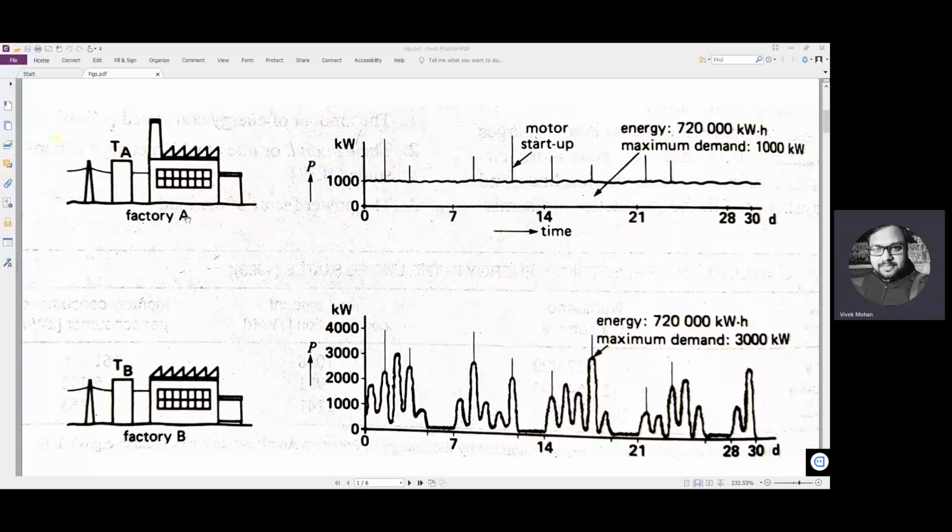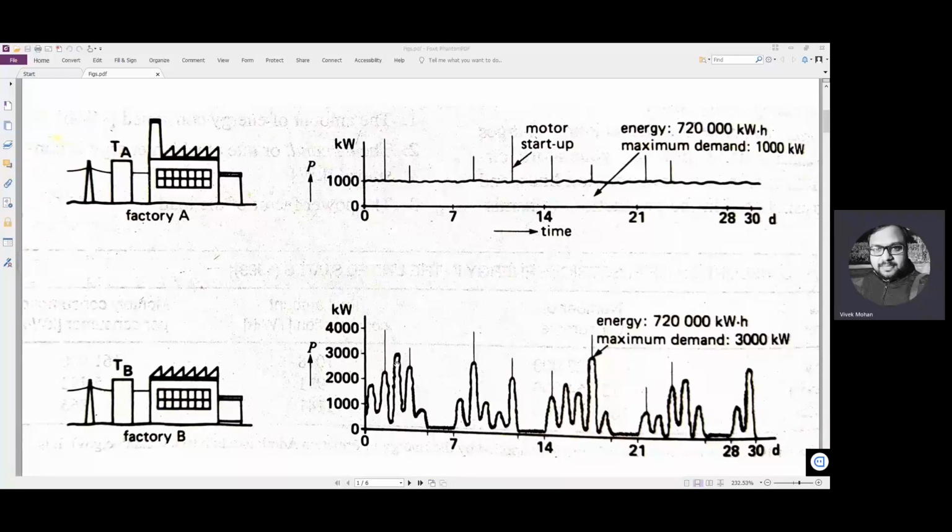You can see for factory A, it is almost constant, but it's fluctuating, but not that much, and it is drawn for 30 days. For factory B also, the power plot is drawn for 30 days, but it's highly fluctuating. But each of these spikes is not lasting for a long time. It's for a short period of time.